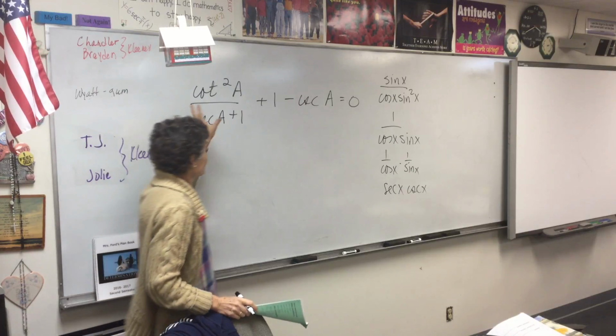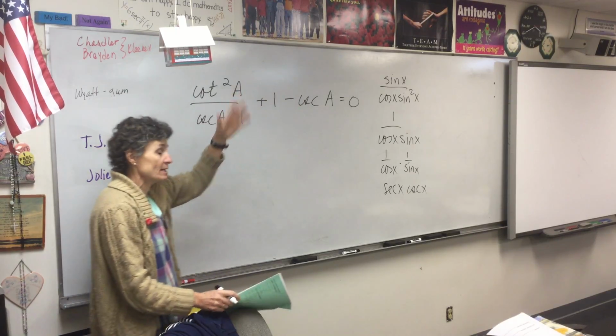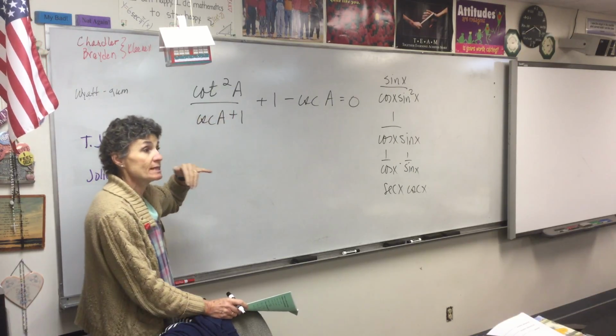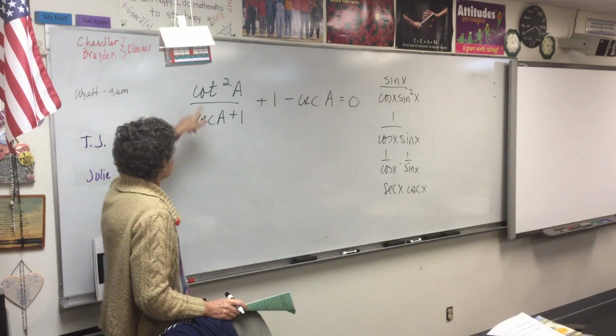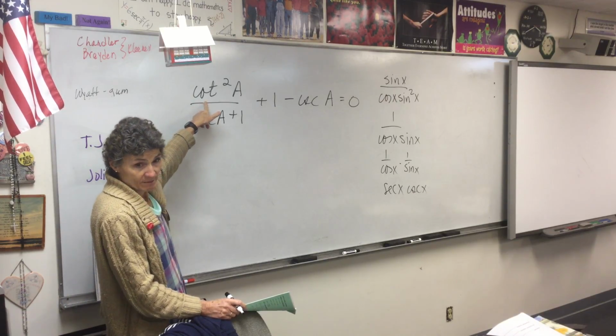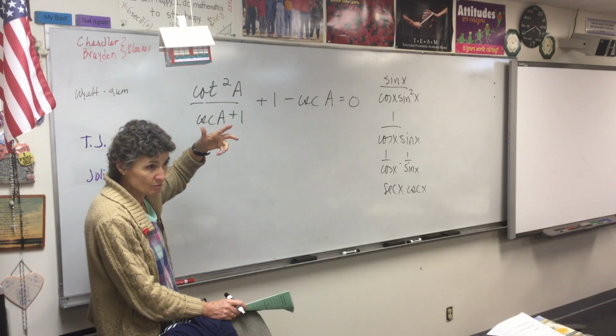Because you're going to have to be adding and subtracting things to make them all get to 0. Everything's got to get wiped out. So everything over here is a cosecant, except that. We stand a better chance of canceling if it's all cosecants, right? Does that make sense to you?